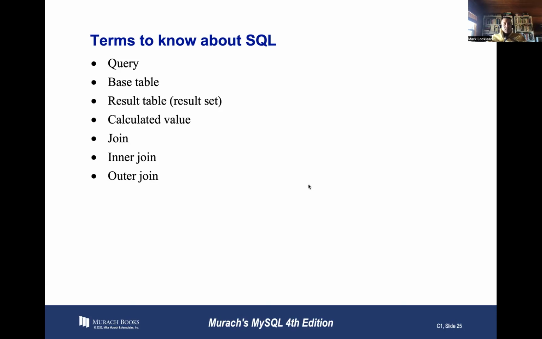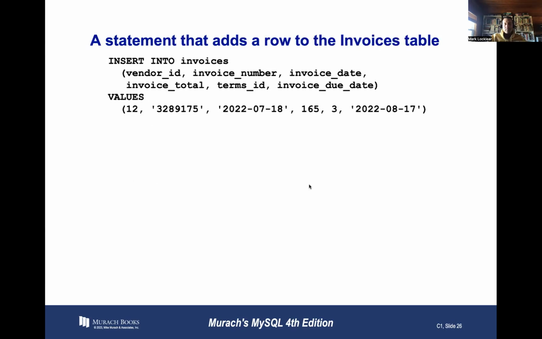For instance, if you run a particular select statement, the data that's returned might be stored in a resulting table, which would be called a results table. Calculated value: those are just calculations that are being done. I won't go into joins, inner joins, and outer joins. I'll let the book go into that, and you can ask me any specific questions you have about those. But those are various methods of joining one or more tables and joining the data in those tables to return a specific result.